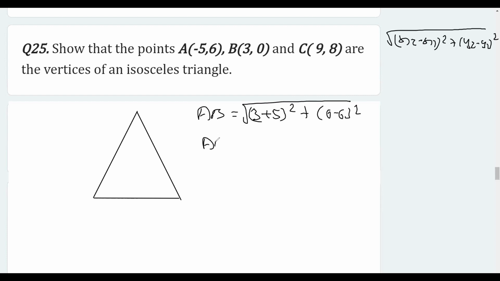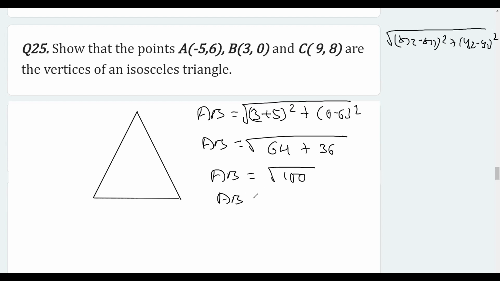So now AB comes out to be what? This is 3 plus 5 is 8. 8 square is 64. And 0 minus 6 is minus 6, but minus 6 whole square is positive 36. That means we get AB as under root 100, right? And you can directly write AB as 10 only, not plus minus 10, as it is a distance.